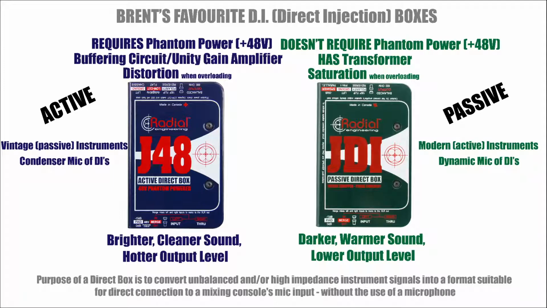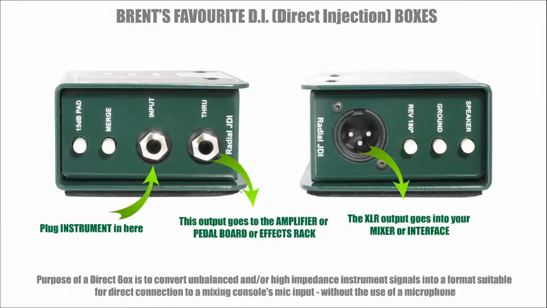Today we are using the passive DI, the JDI, exactly as you see here, and they're pretty easy to use. All you have to do, you plug your instrument in the input, and then the XLR on the other side of it goes into the interface, and I've got that going into input 3. I'll show you in a second.